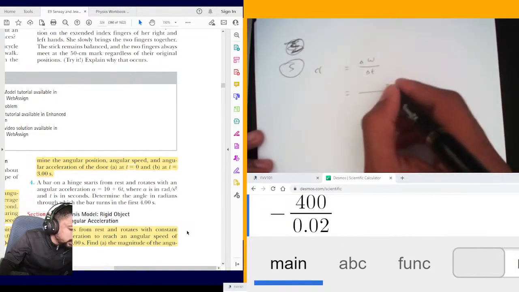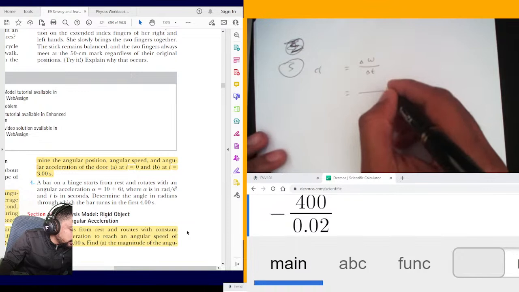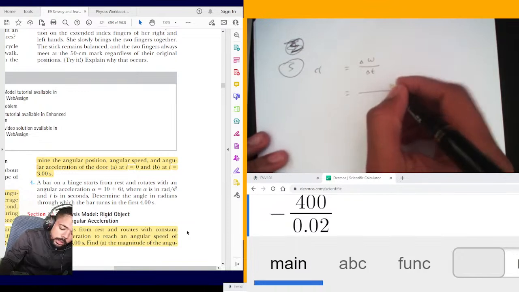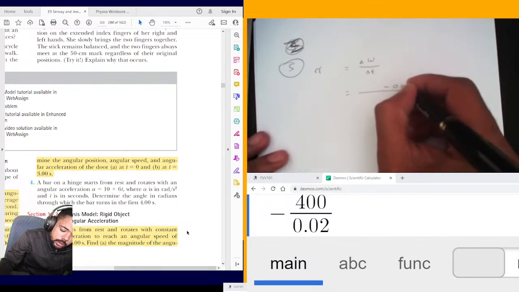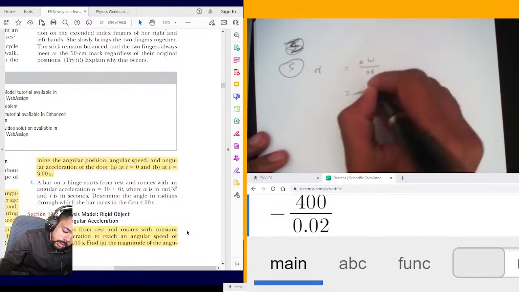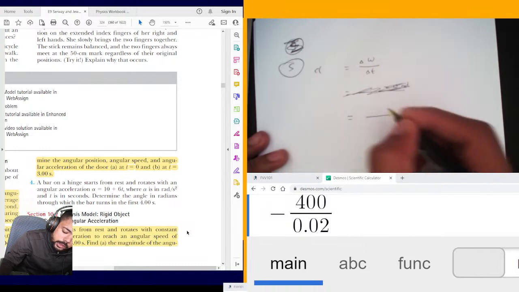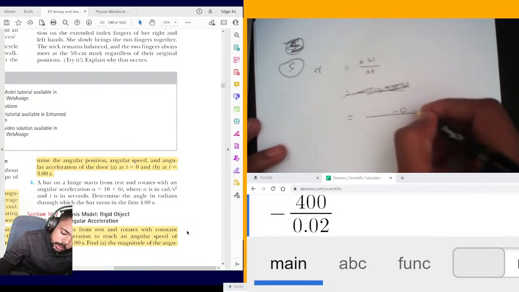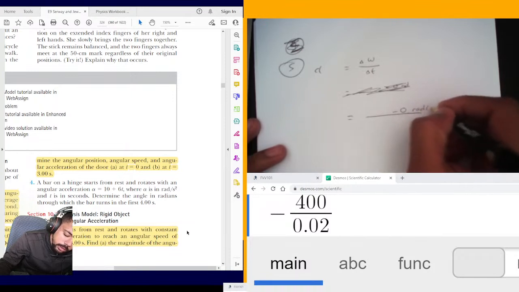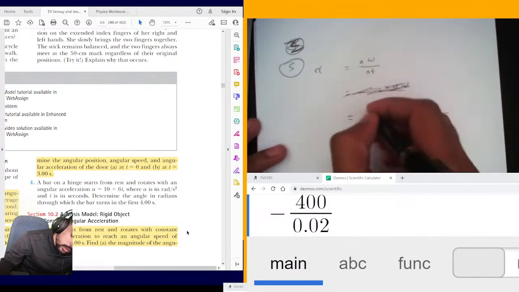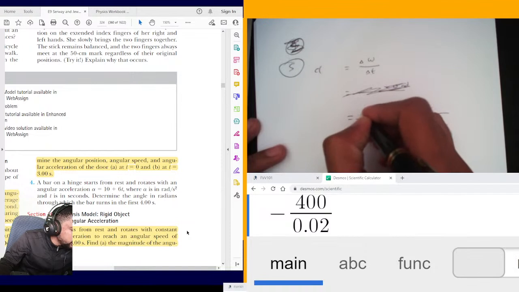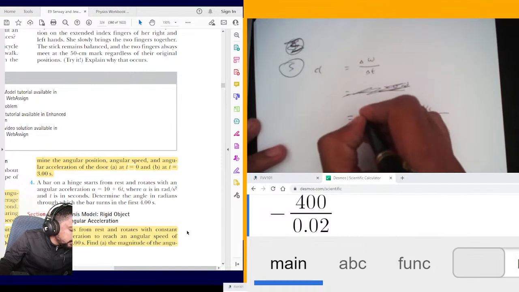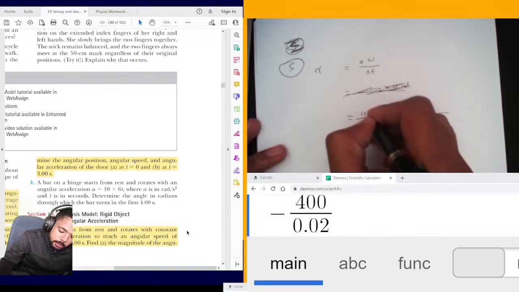It starts from rest, so its initial angular velocity is 0 radians per second, and its final angular velocity is 12 rads per second.